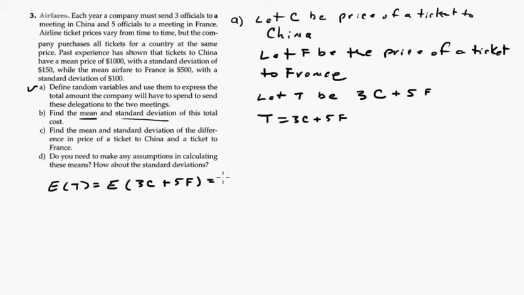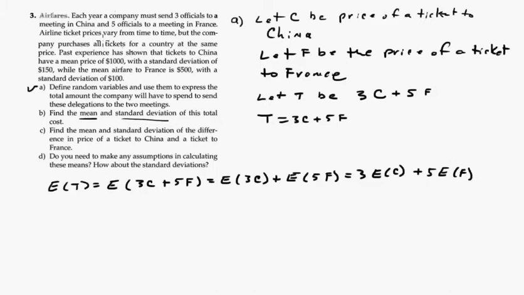So that's just equal to the expected value of 3C plus the expected value of 5F. So that's 3 times the expected value of C plus 5 times the expected value of F.